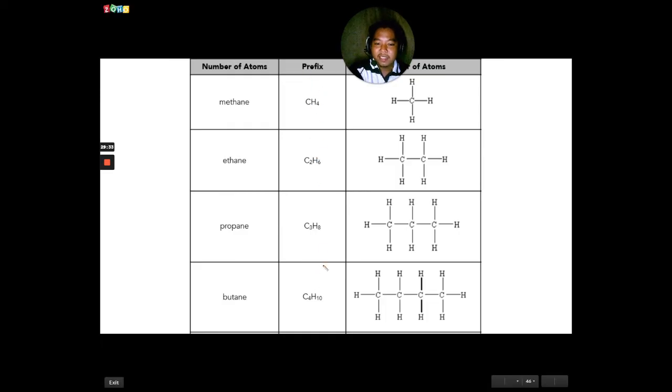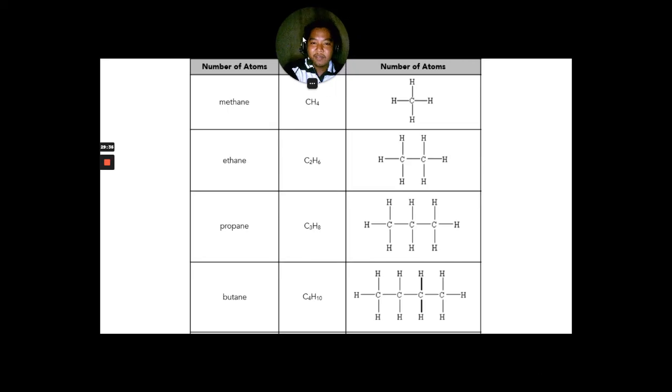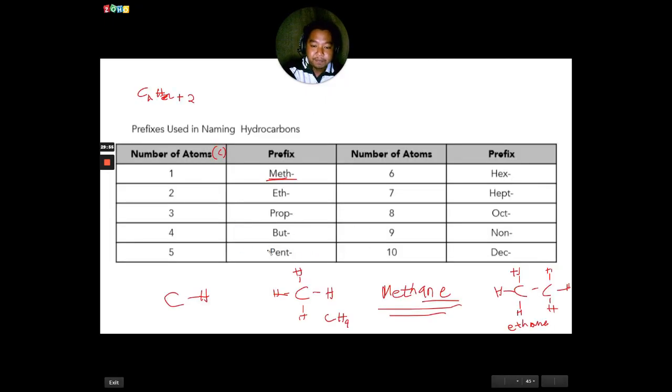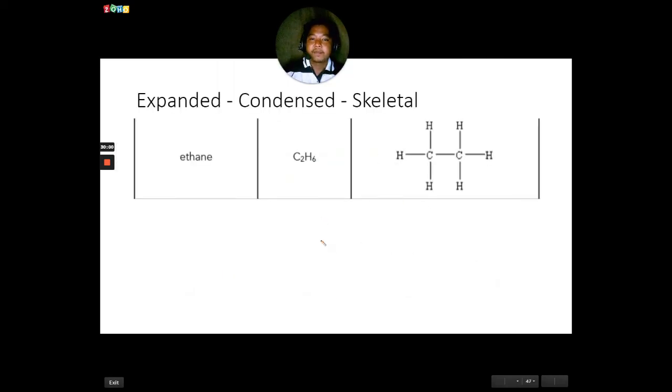It's not the prefix, it's the formula, and then write the number of atoms or the skeletal formation or the structure of the different alkanes. You may now start with the fifth, the pent, pentane. So, you may do it and pause the video for a while, or you may continue watching this video and do it later on.